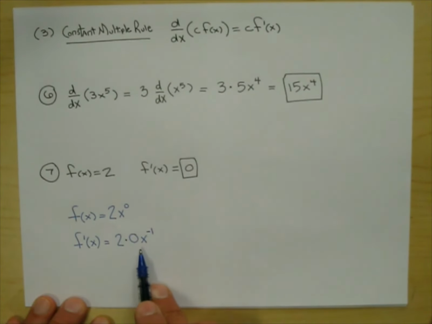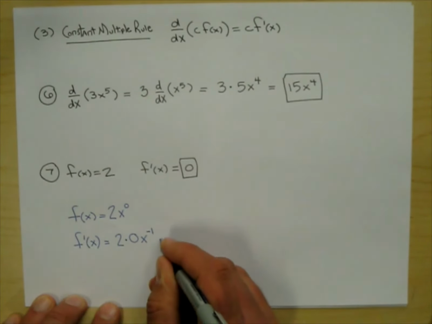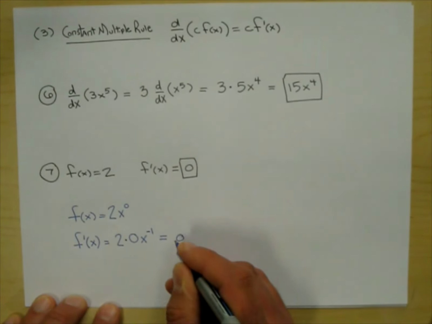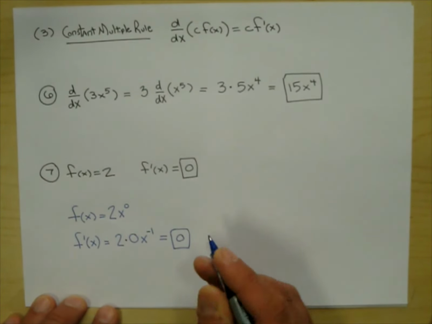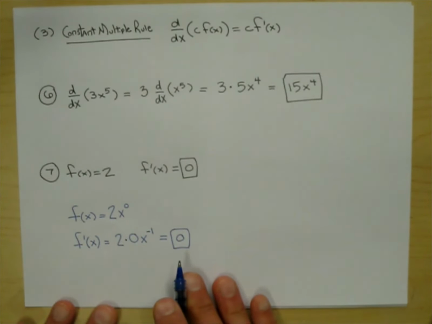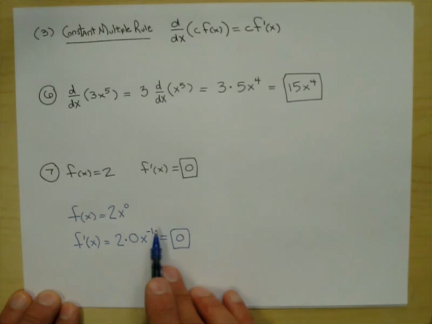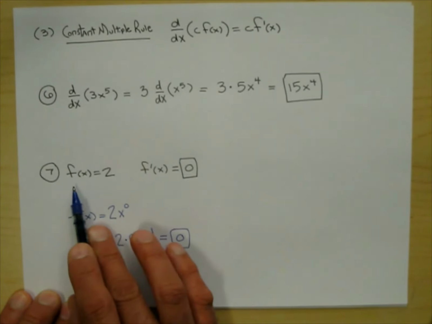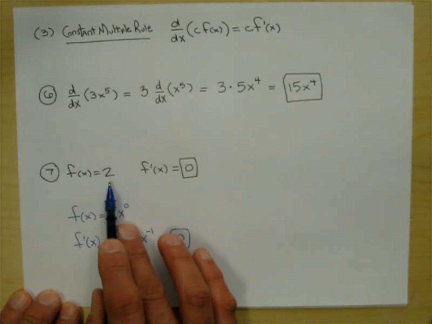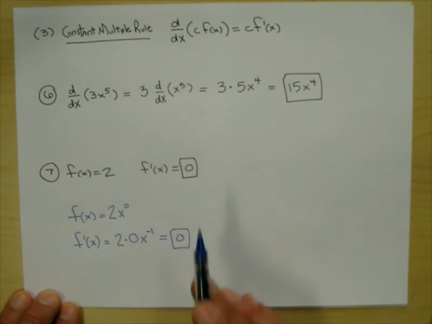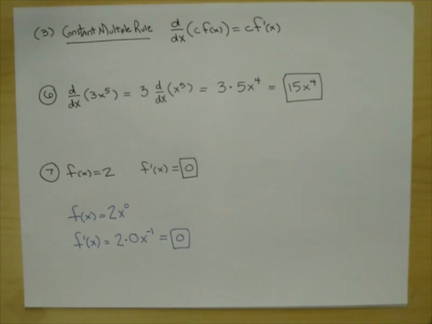Now, I know some of you are like, go across the line, change the sign, but it doesn't really matter because this is all getting multiplied by 0. So this just kind of proves that all the rules gel together. You're not going to get any contradictions if you think about it in a different way. Hopefully you'll never do this. You'll have a constant and you'll just remember that the derivative is 0.